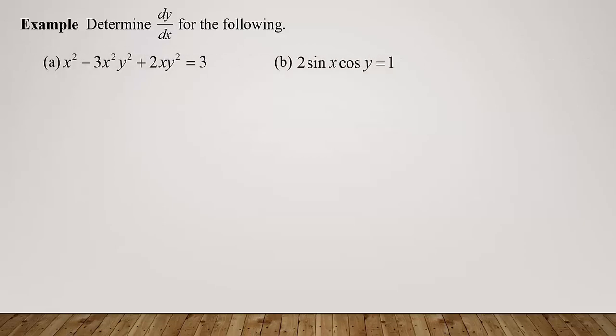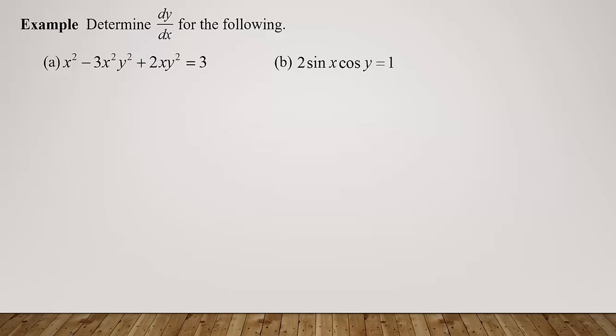All right, hopefully you are starting to see that this is nothing more than the chain rule. Let's look at another example. It's going to have three parts. Write down all three parts because I'm sure I'm going to ask you to do one of the parts. So part A, we're going to find dy/dx for x squared minus 3x squared y squared plus 2xy squared equals 3.